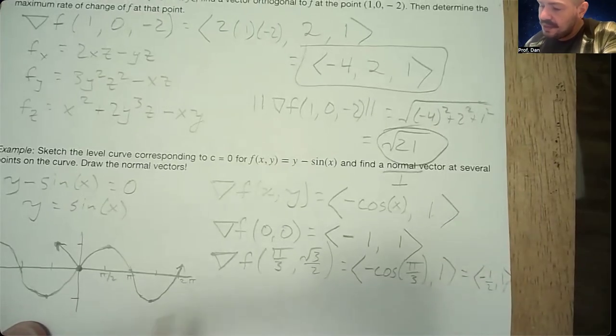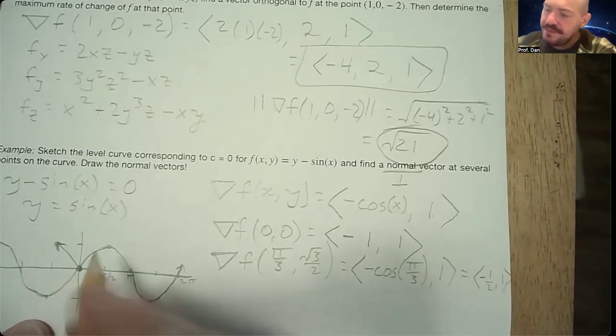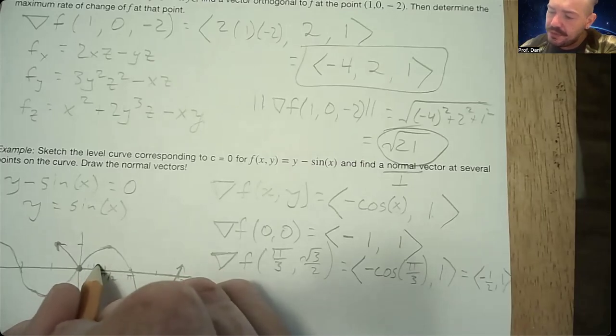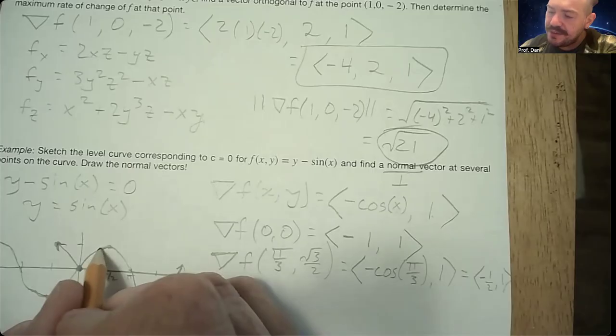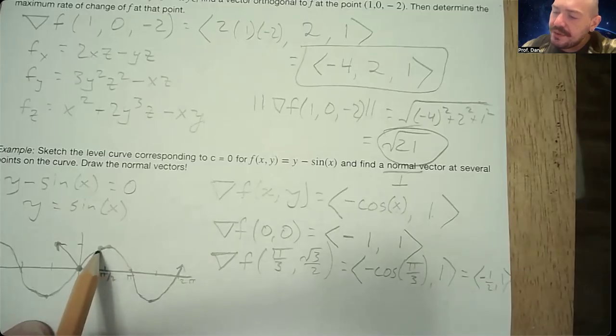So let's say I'm at the point on the contour line that corresponds to pi over 3. So you have pi over 6, pi over 4, pi over 3. It's going to be this point. From there, I'm going to go down a half, or no, not down, left a half.